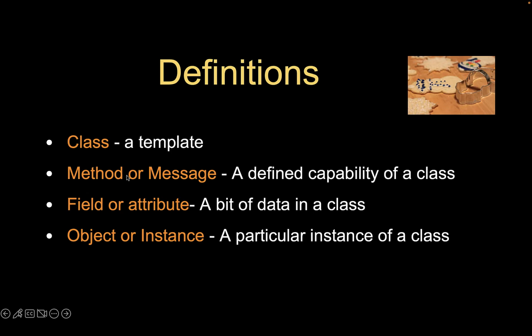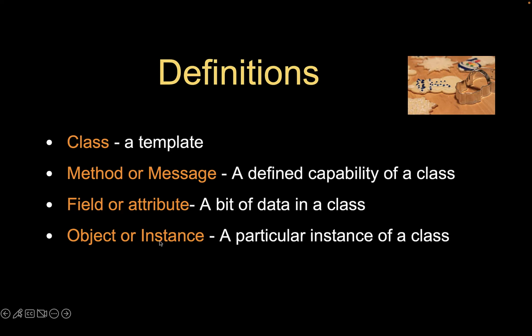So methods are bits of code that are really functions that are part of the class, and we can call them and they create some action, and that action is a capability of that class. And then we have fields, right? They're also called attributes in some sense, and that's a bit of data in a class.